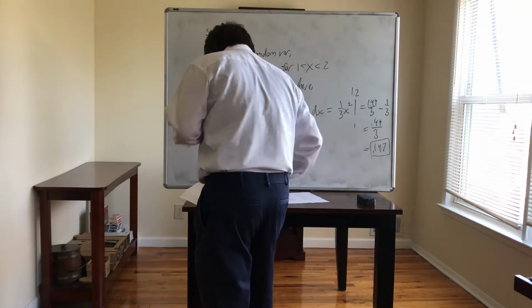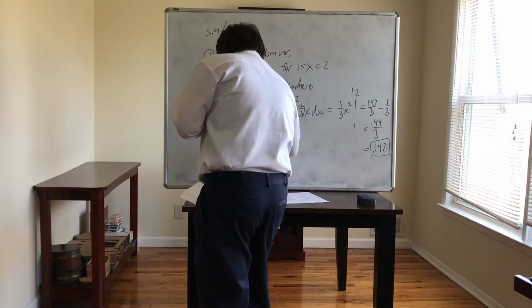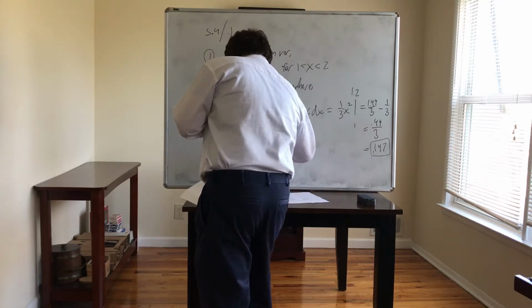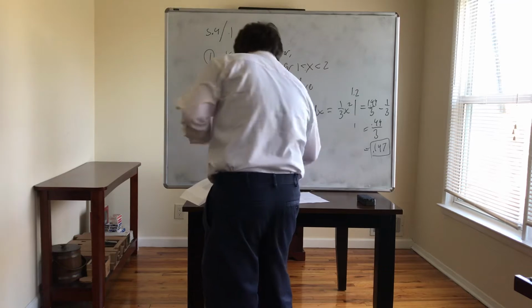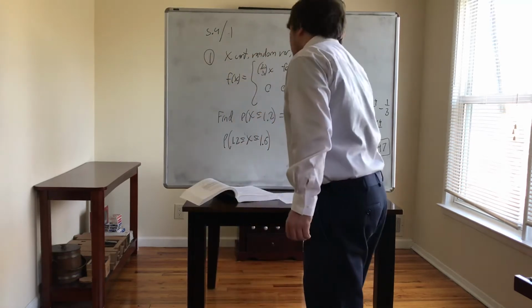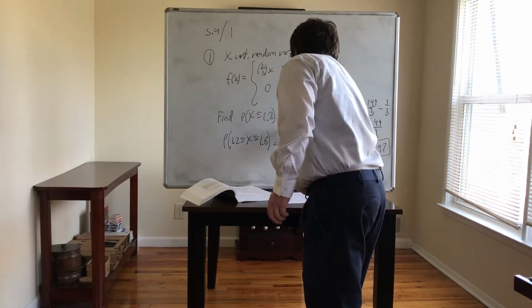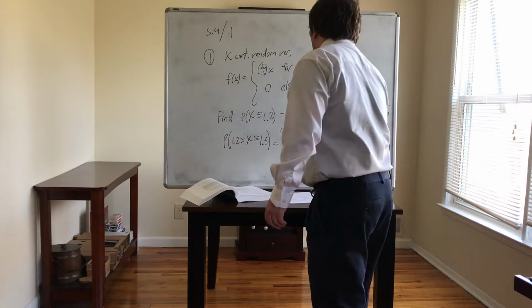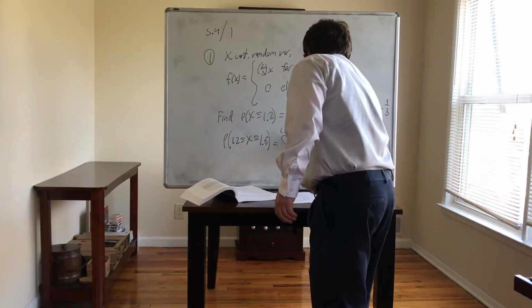Let's do the probability that 1.2 is less than or equal to x, less than or equal to 1.6. That's the definite integral from 1.2 to 1.6 of f of x, which is 2/3 x dx.